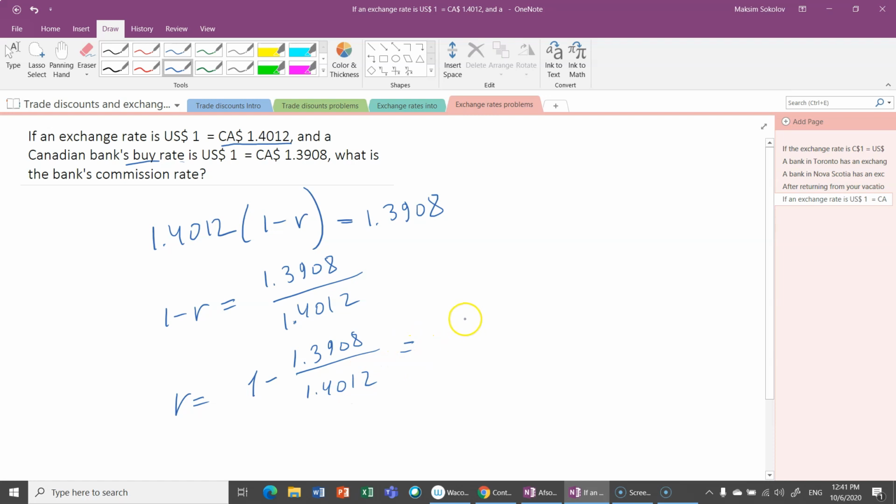So let's solve it. 0.00742. Well, it's a rounded value. Okay, so the commission is 0.74%, if I round that percent to 2 decimals. So that's the final problem in this lesson. And now the time is for you to practice with these concepts, doing homework.